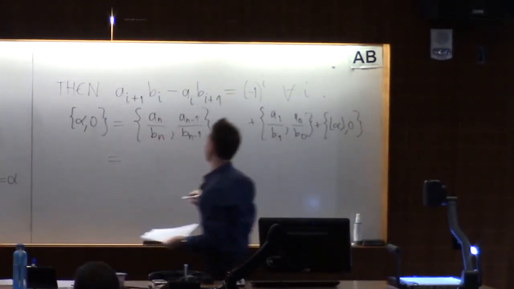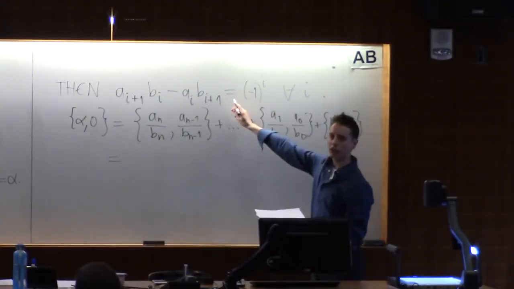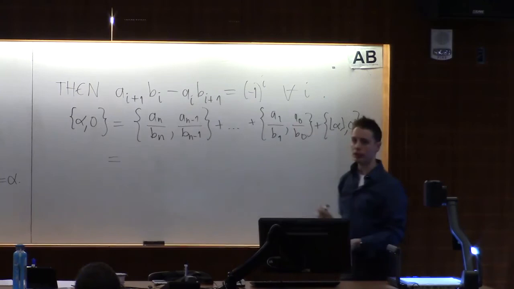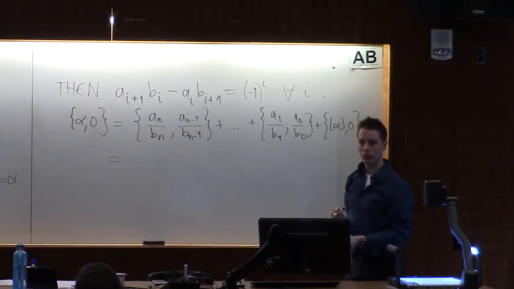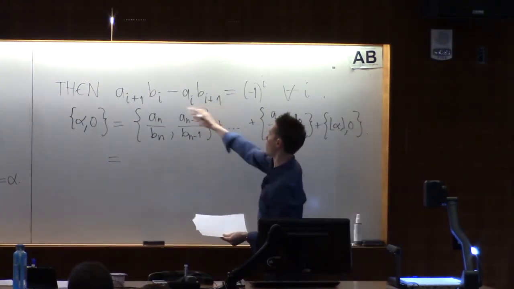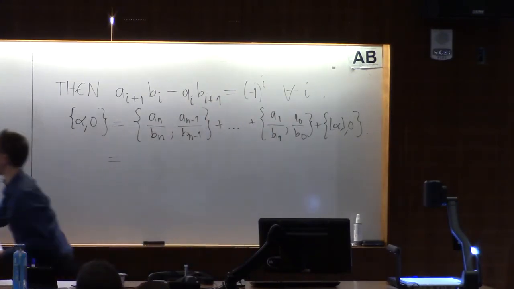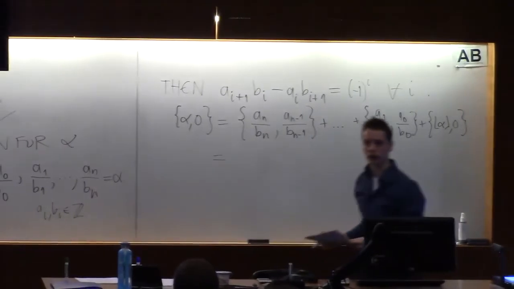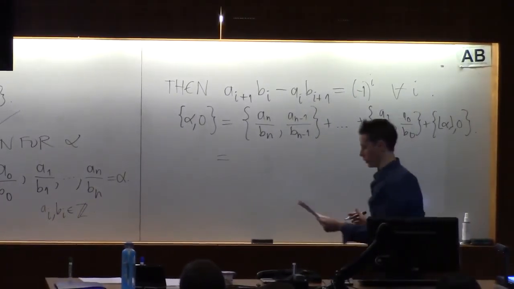But now the point is that because I have this relation, if I write down the matrix with these entries, it has determinant plus or minus 1, and these are all integers. Well, I wrote down a continued fraction expansion, so I wrote them as rational numbers there.